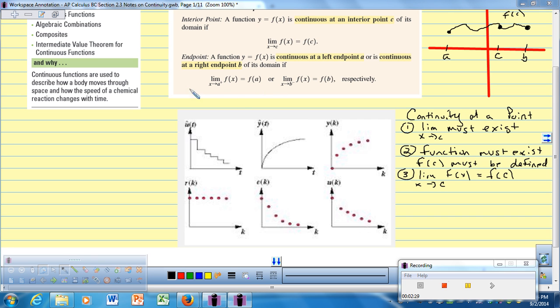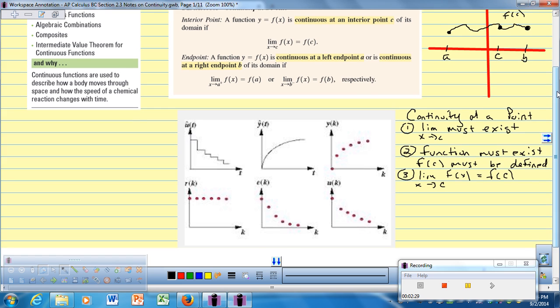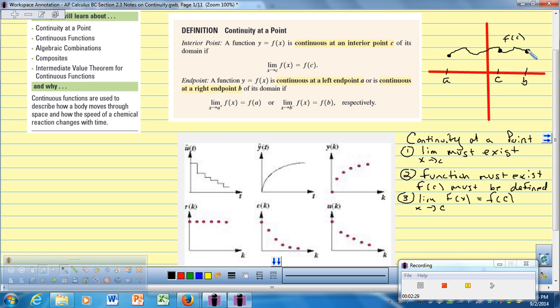Now, the second part of the definition deals with whether or not the function is continuous at an endpoint. So what we need to consider here, if we think about whether or not we are continuous at the point x equals b, well, the same three criteria apply, but when we do the limit, we can only approach b from the left.